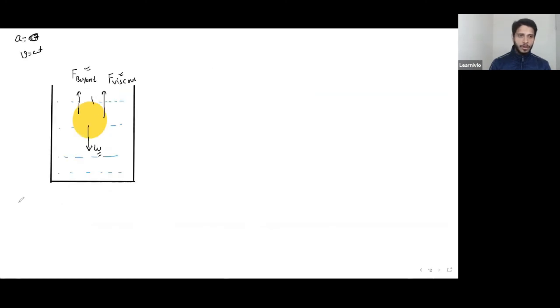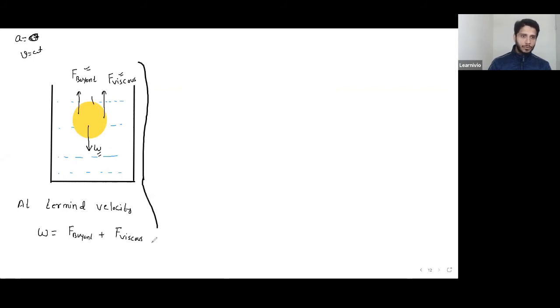So when the body achieves terminal velocity, you can say that the weight of the body is the sum of buoyant force plus the viscous force. This is what happens when a body attains terminal velocity.